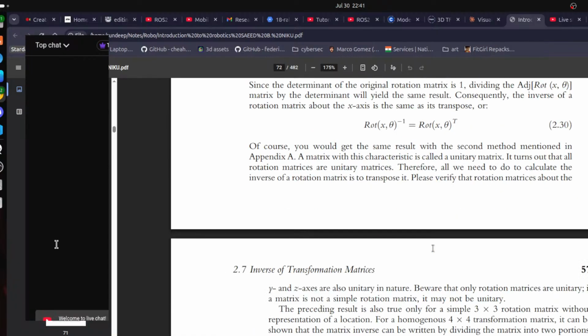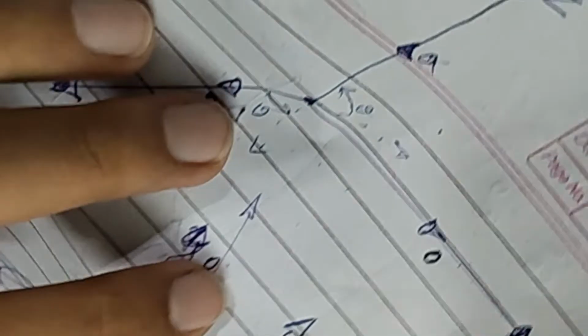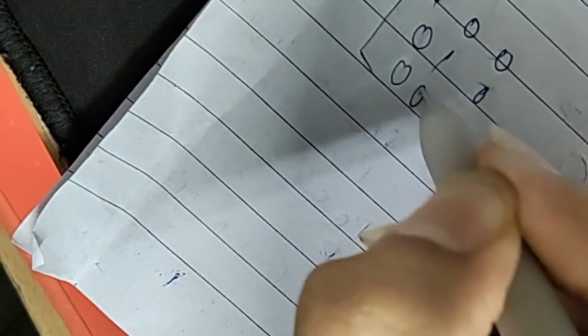So what that's saying is we have our translation matrices as so, then the position vector of the translation.